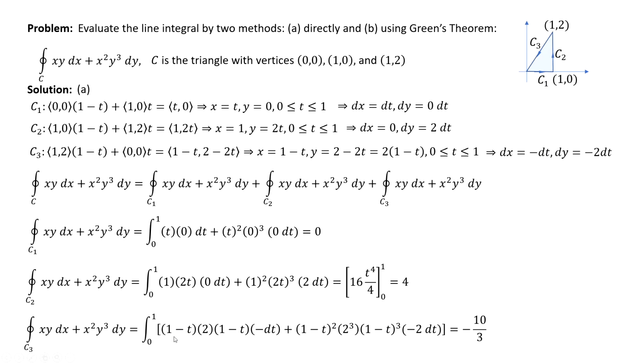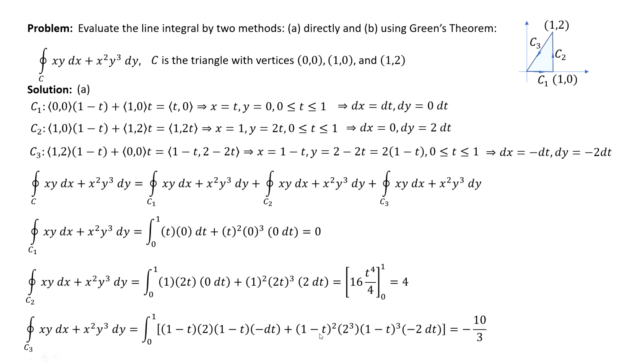When you evaluate this, please take a piece of paper and write down all of these things and evaluate this integral. I'm just giving you the final result. It turns out to be negative 10/3. But you should be good boys and girls and verify that in fact it is correct.